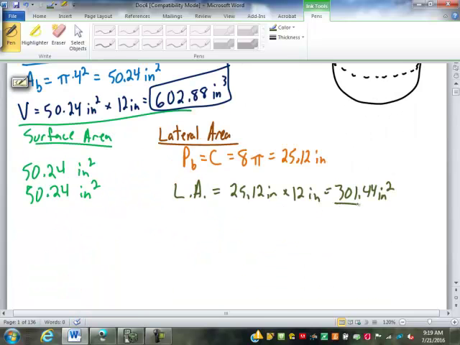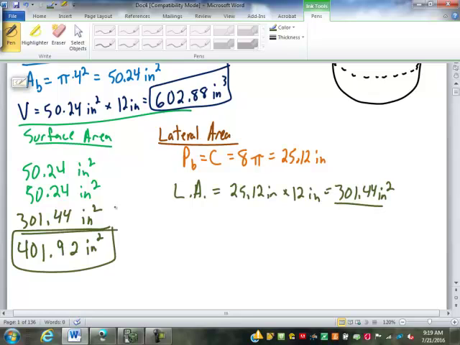And I'm going to take that and add it to my other areas here. You get 401.92 square inches is my total surface area. How many of you had that one? Just 2 of you, okay.